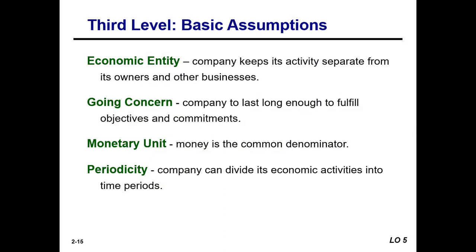So we need to keep the personal expenditures of the owner separate and distinct from the business expenditures. Or where someone owns two different businesses, we would want to keep the expenditures of the one entity separate from the expenditures of the other entity, right? So that's the economic entity assumption.